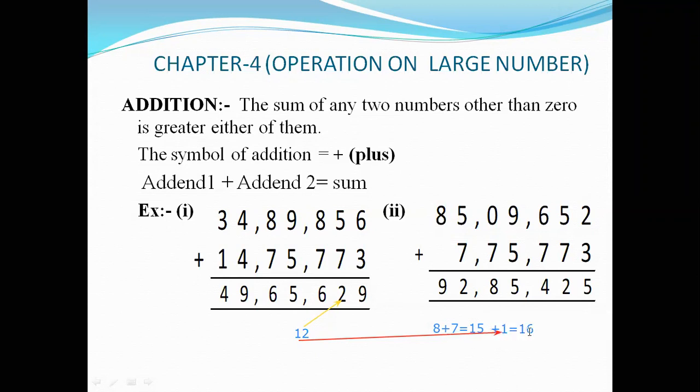From this 16, we take the 6 and write it right here, and the 1 is carried to the next place. Again 8 plus 7 is equal to 15.